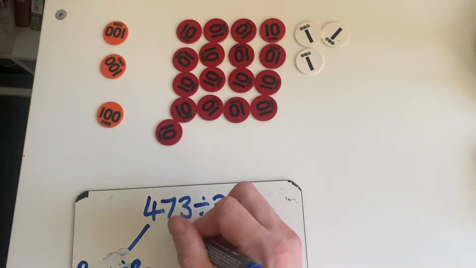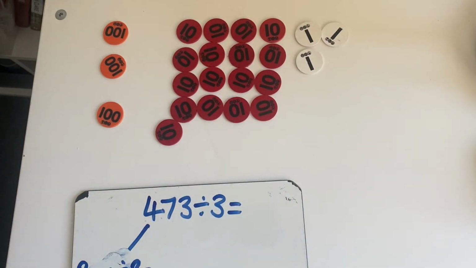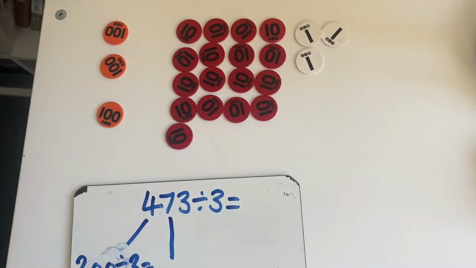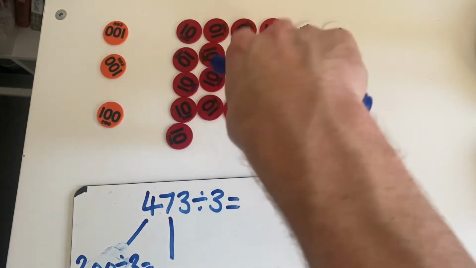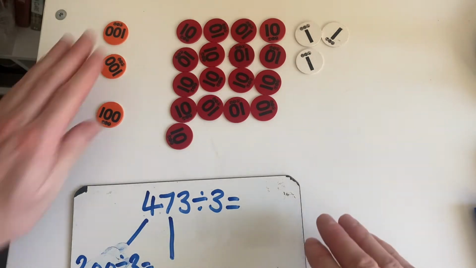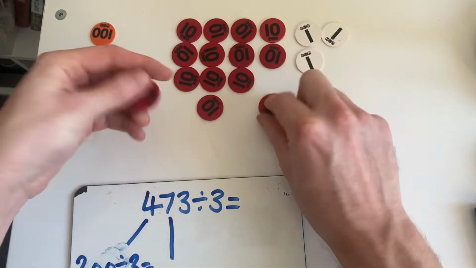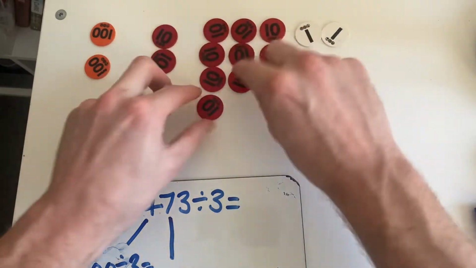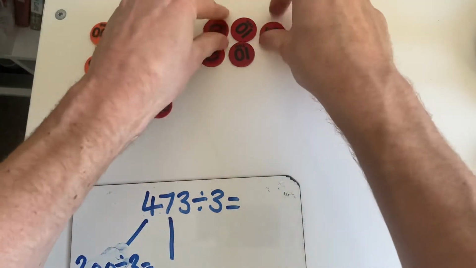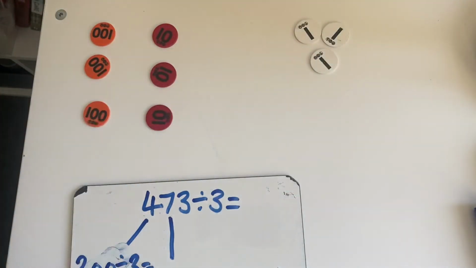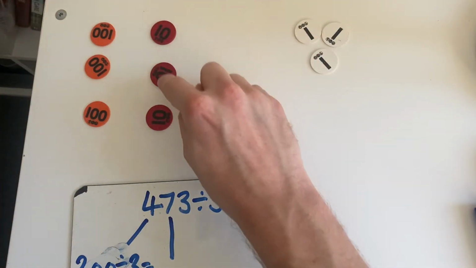We're now going to look, we haven't got just 70 here now, we've got 170, but we need to share these into 3 equal groups. So we'll take all our counters, and we'll begin with having 3 groups. So as you can see, we've got the beginning of one group, another, and there's our third.